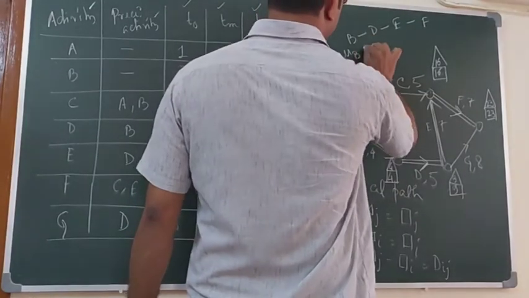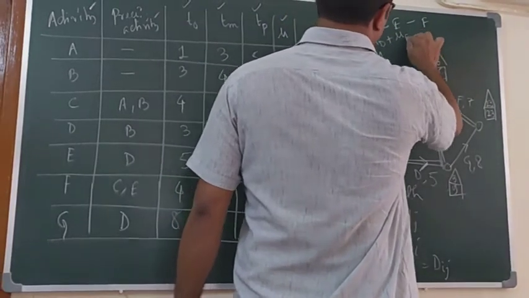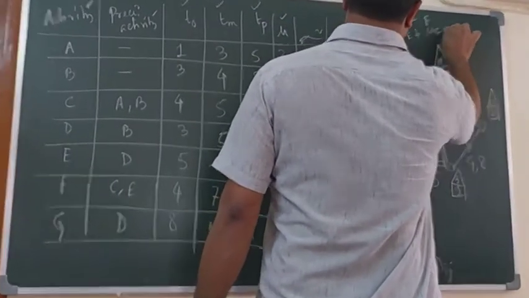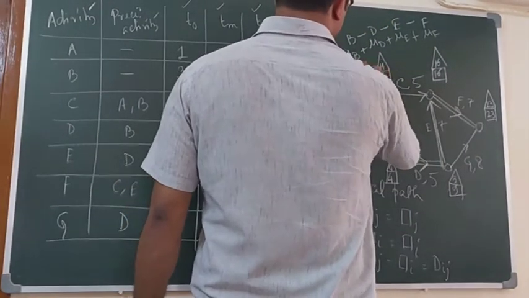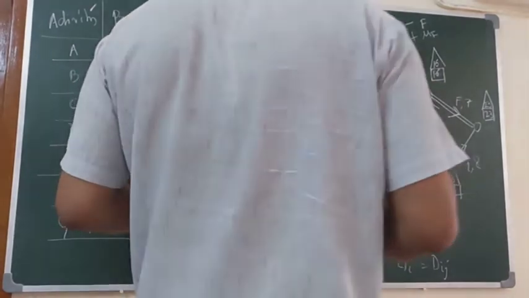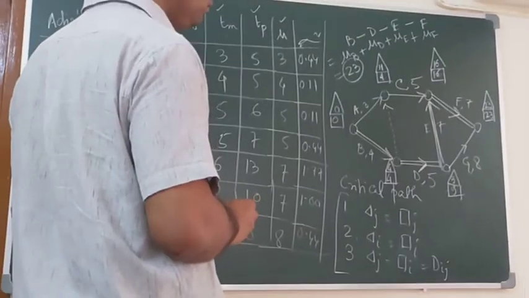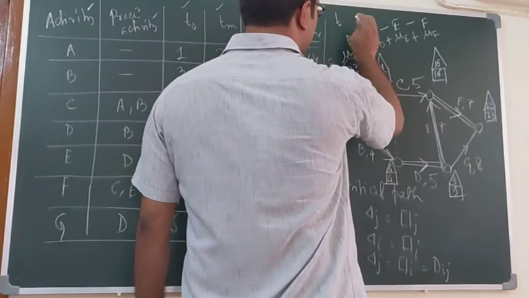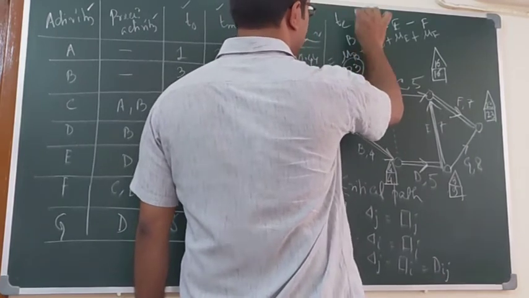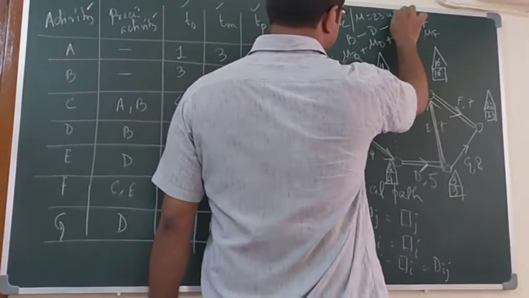The cost will be mu B plus mu D plus mu E plus mu F. If we add, we get 23 units. So the project completion time, expected time TE or mu, is 23 units.